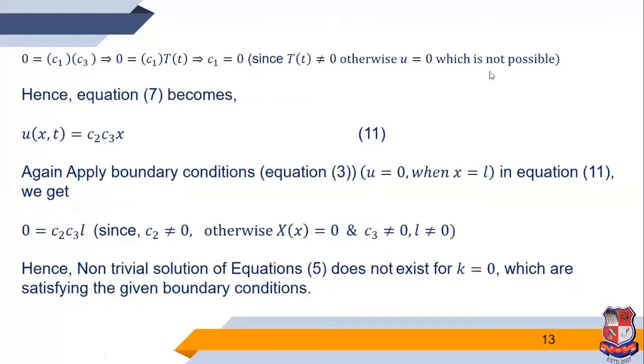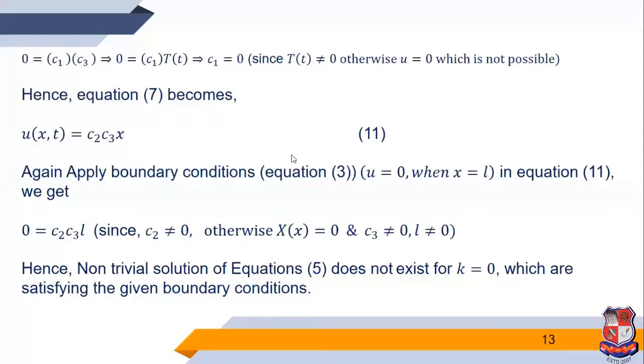Because T of t we consider not equal to 0, because otherwise u is 0, which is not possible. Hence equation 10 becomes u(x,t) equals c2 into c3 into x. This is equation 11.